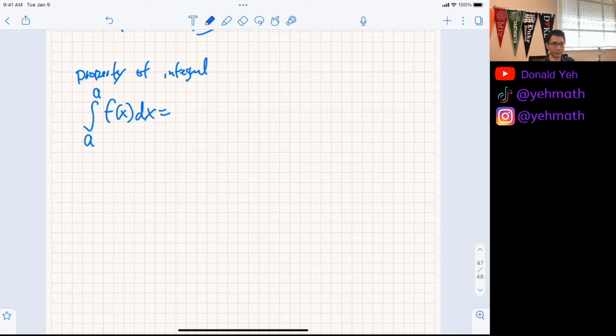What's integration from a to a of f of x dx? If I didn't teach you, it must be a number you can get right away. Zero. It's from the same number to the same number, so you're not going anywhere. It doesn't move.